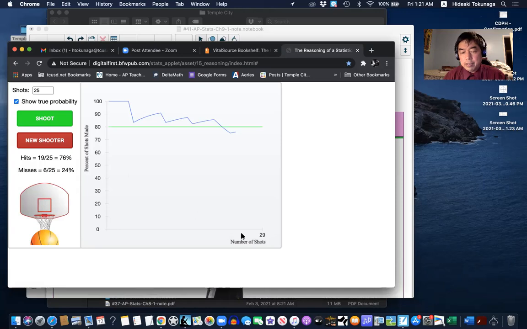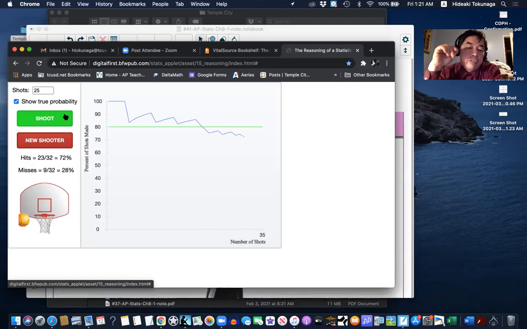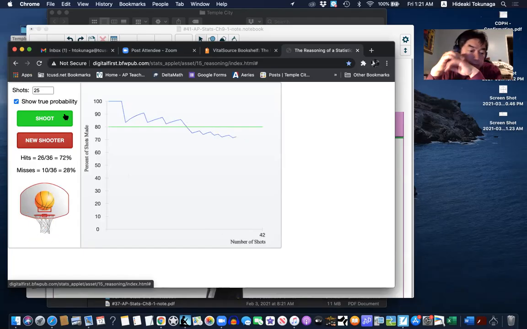All right, so far it's 20 of 25 shots. It said 29, I don't know why. So this is the ratio. Okay, I do one more time, 25 more, and you see this one.